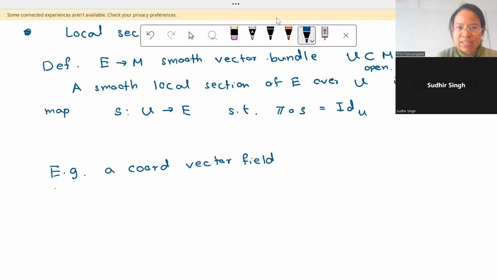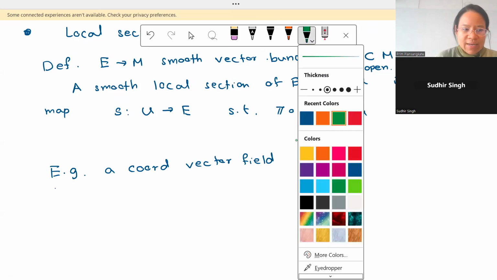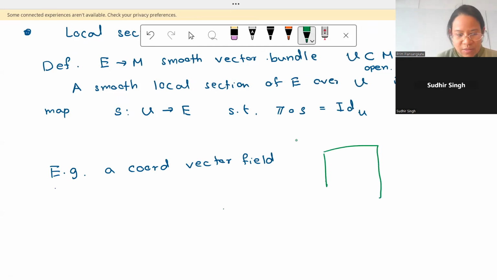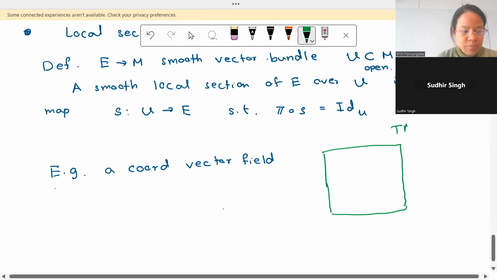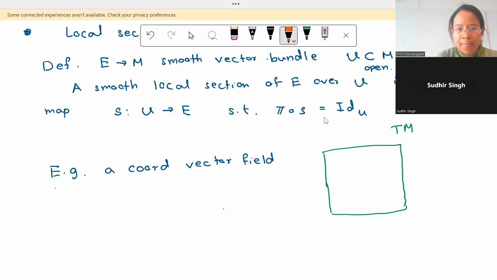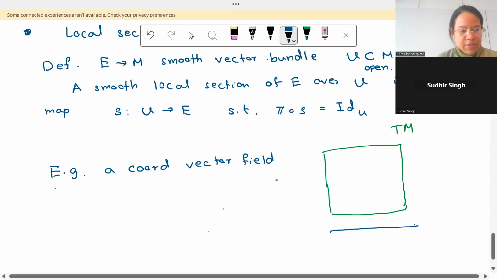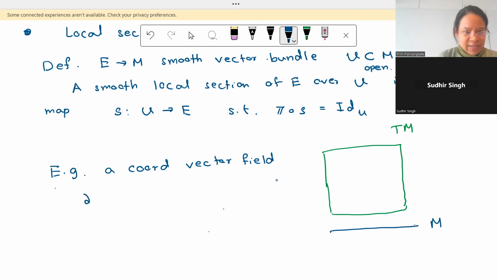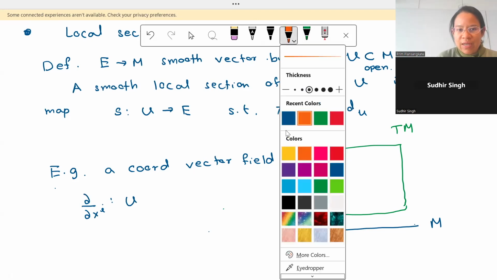This is a local section of the tangent bundle over M. And recall that the coordinate vector field is defined on a coordinate neighborhood.